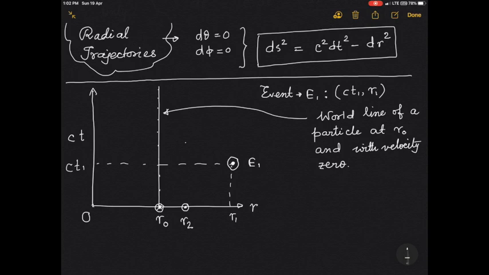At this time the particle would have gone to a larger value of r, because it has a velocity along the positive r direction. r cannot be negative, but anyway. So the particle will be somewhere here. And if I try to draw the world line of that particle which has a velocity v, it will look like this.